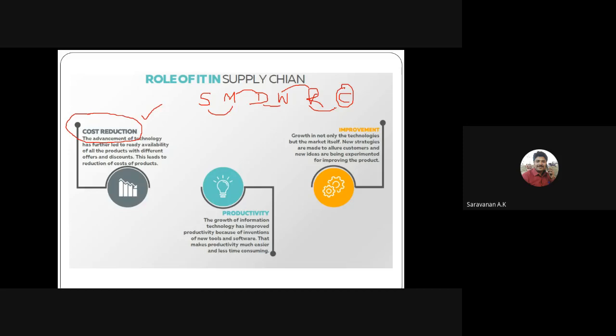So IT plays a very crucial role in the supply chain. The decision phases can be categorized as designing, planning, and operational, which depends on the time frame of decision making. So the time frame of supply chain decision making.